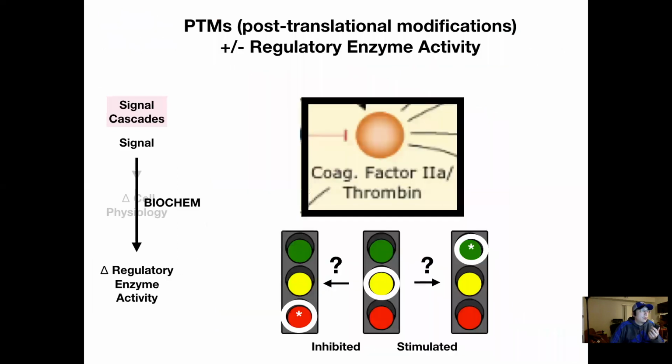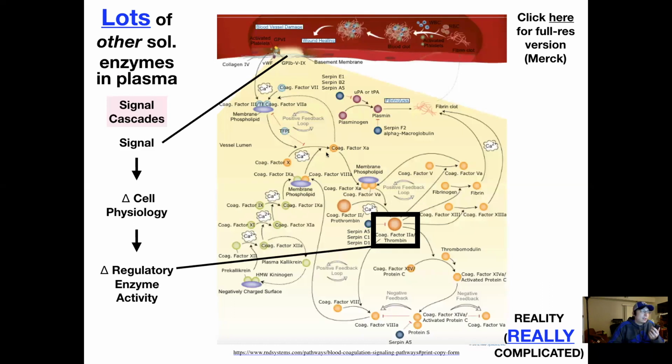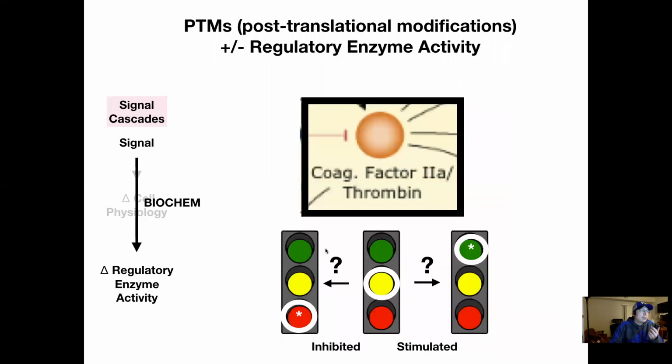So if we were to zoom in on one of these regulatory enzymes, the idea is that at the biochemical level, at each of these points, there's sort of like stoplights, right? And there's a series of stoplights that goes on. And you can either inhibit or stimulate this regulatory enzyme's activity.